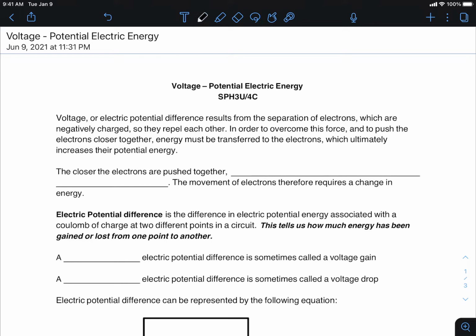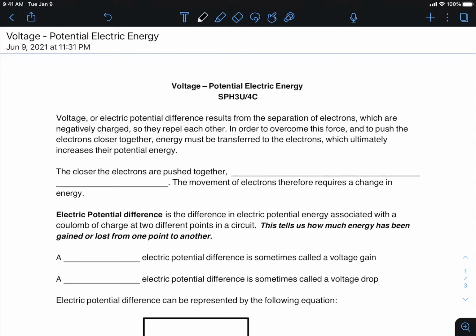The same way, the higher I lift something, within reason, as long as it doesn't leave the Earth's gravitational field, the more gravitational potential energy it will have. Same idea.